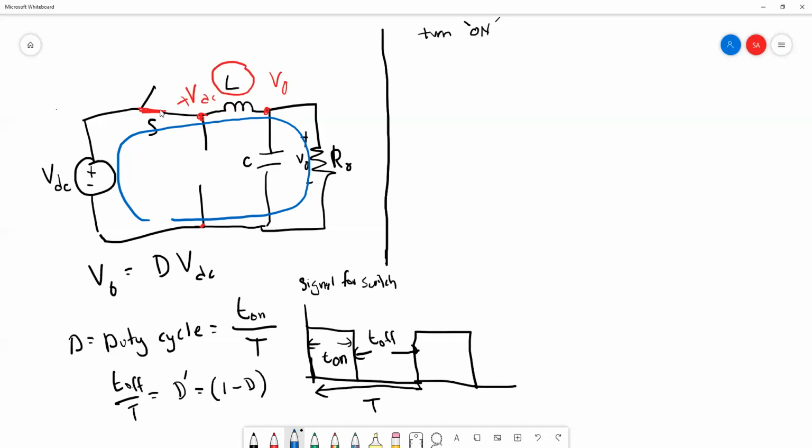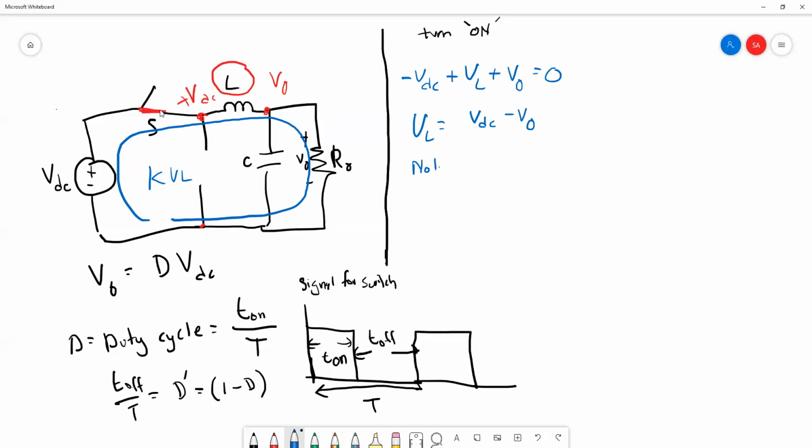The KVL we can state as negative VDC plus VL plus V out equals 0. When we arrange this, we have VL equals VDC minus V out.